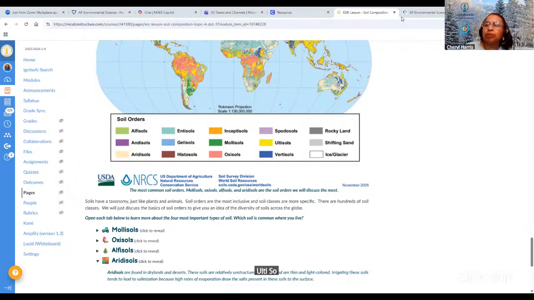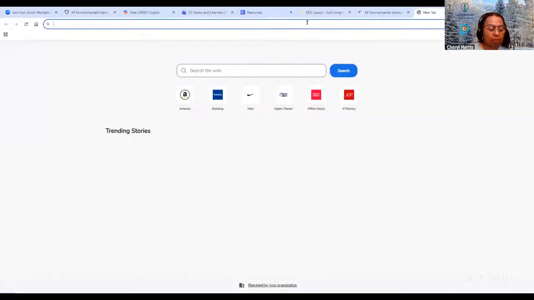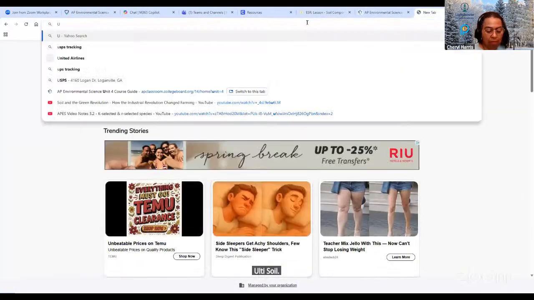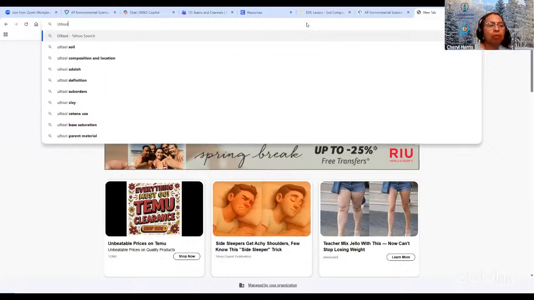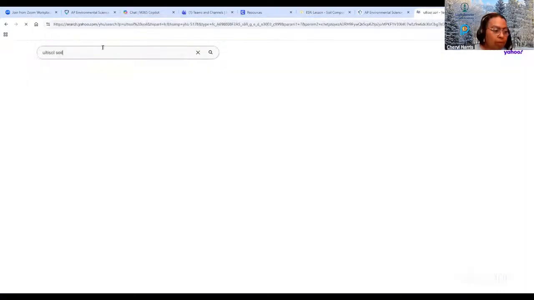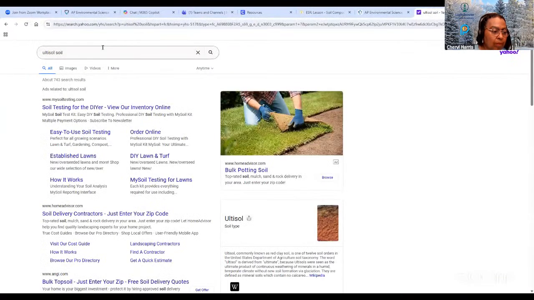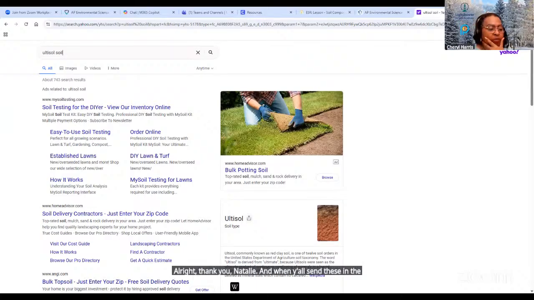Multi-soil. All right, thank you, Natalie. And when y'all send these in the chat, can you send them to everybody and not just me?